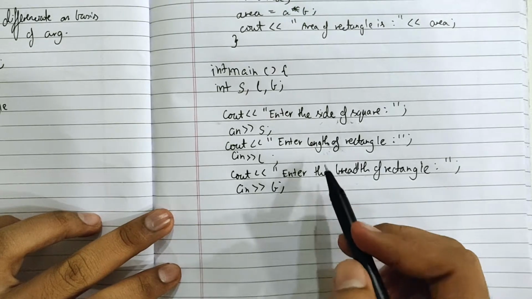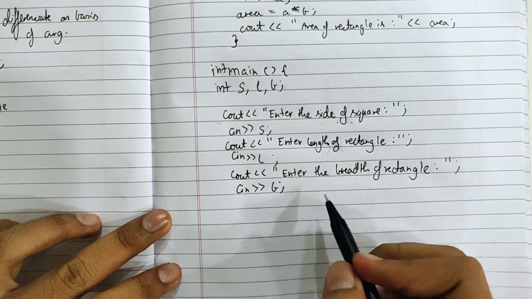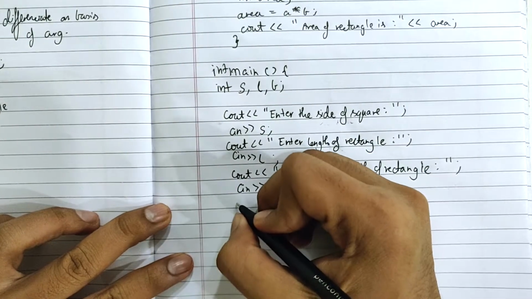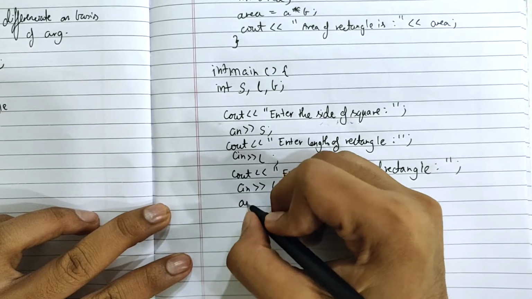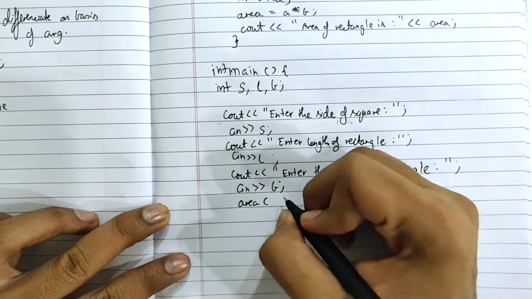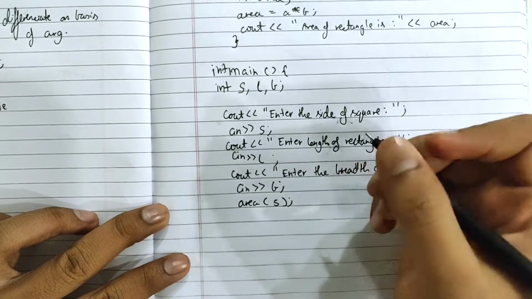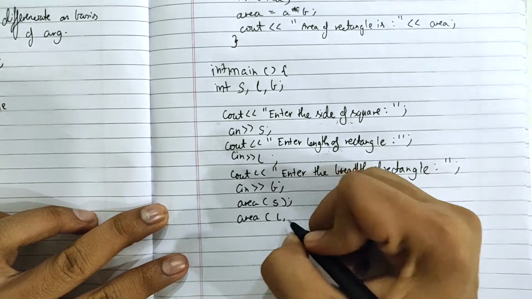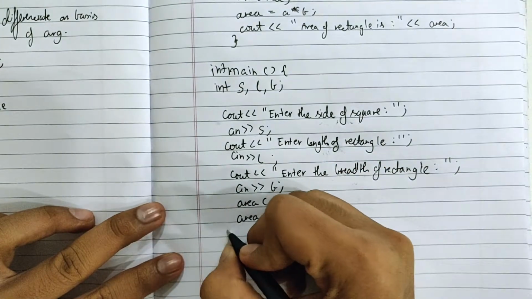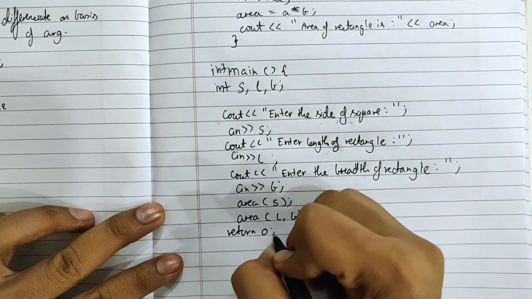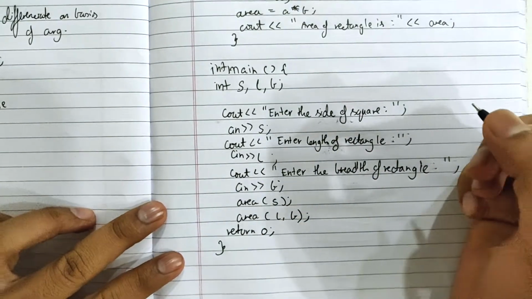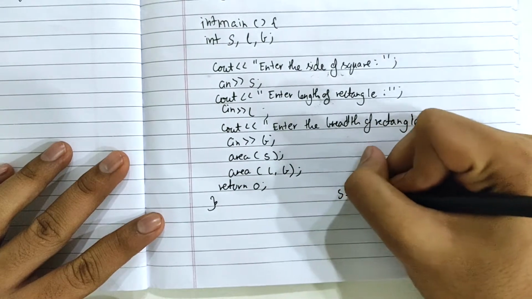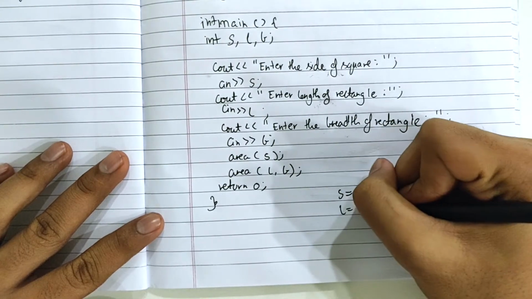Okay, now that we have our length, breadth and side of the square, we can simply call the function, which is area, and it goes like area s and area l comma b, return 0. That's it.